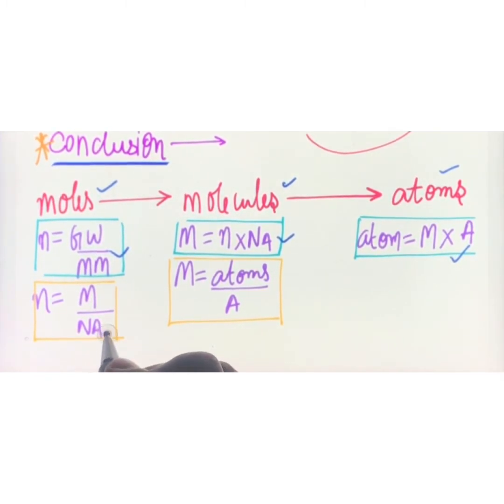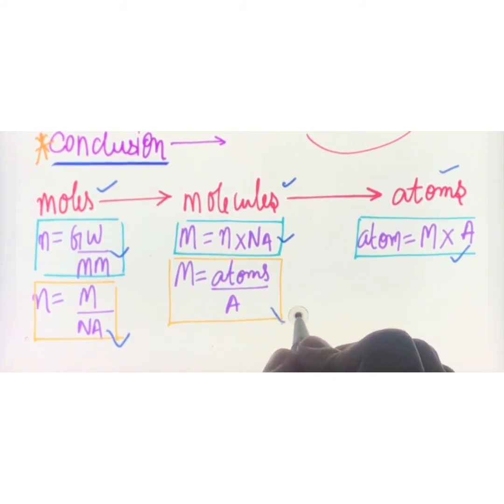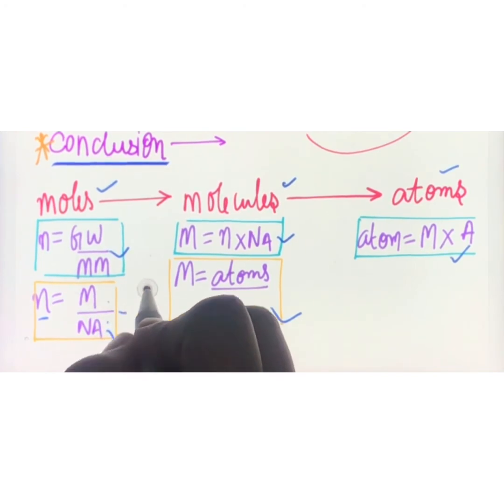The 2 formulas written additionally in yellow boxes are derived from the formulas we learnt previously. Notice that the second formula of calculating the number of moles is molecules upon the Avogadro's number, which comes from this formula.